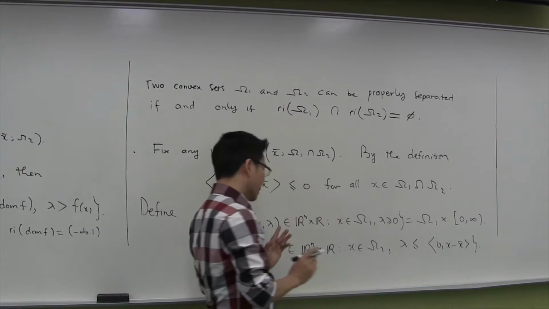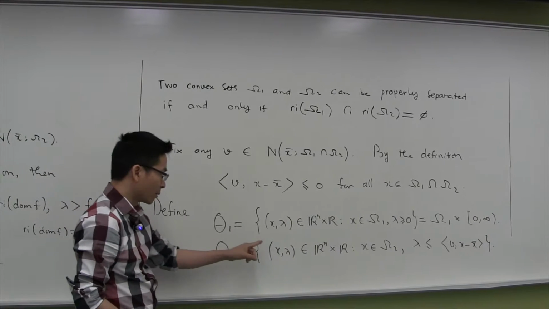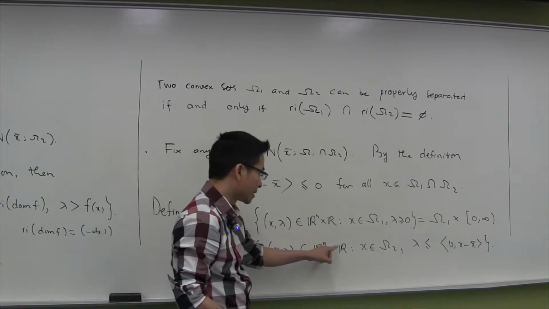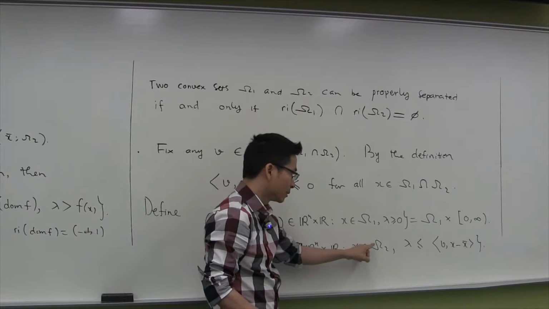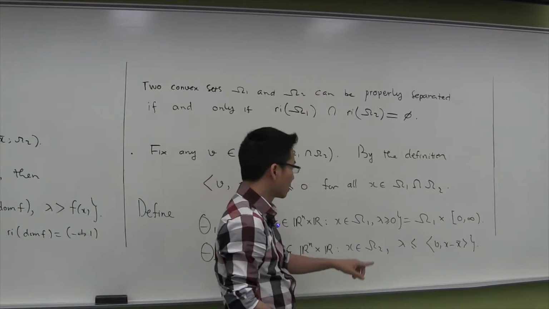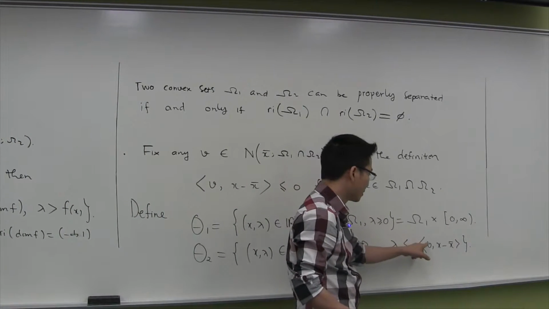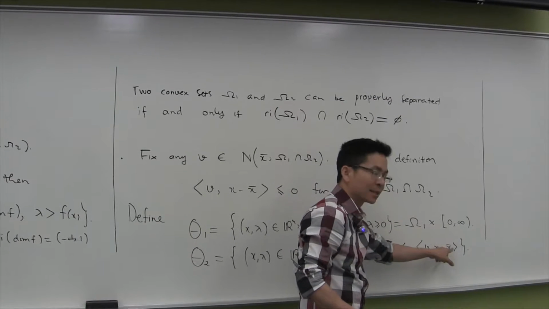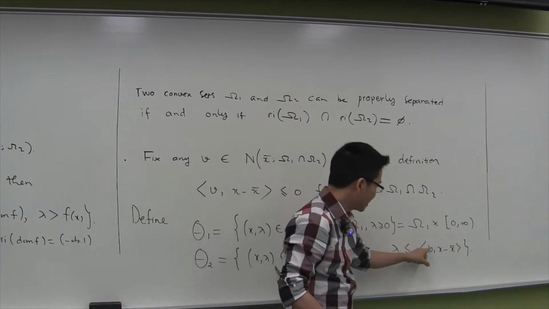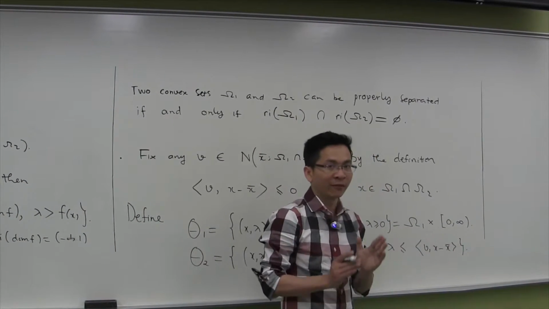Again, theta 2 contains all (x, lambda) so that x is in omega 2, while lambda is at most the inner product of v and x minus x bar. Over here, v and x bar have been fixed.